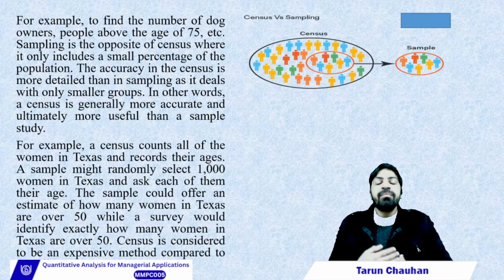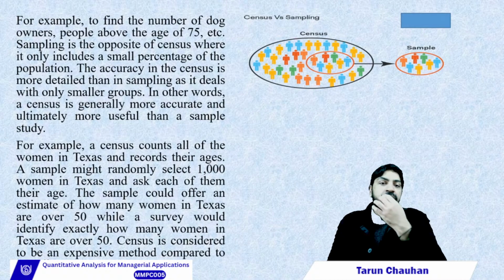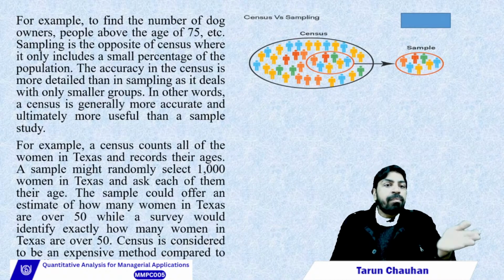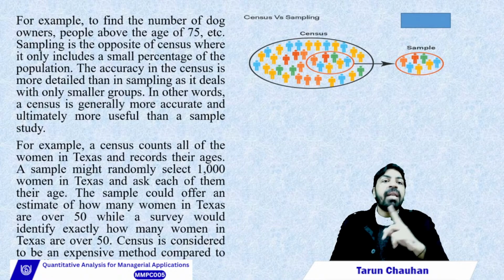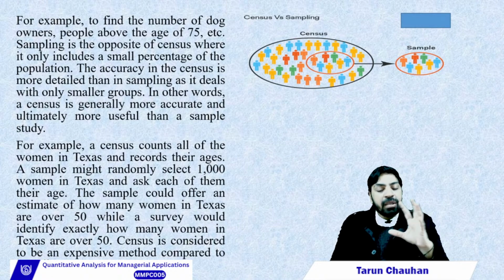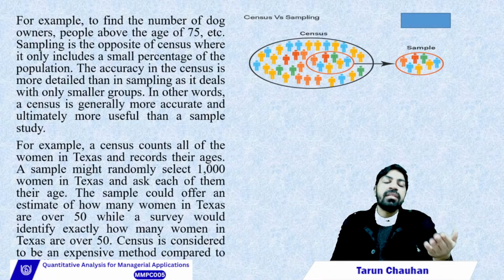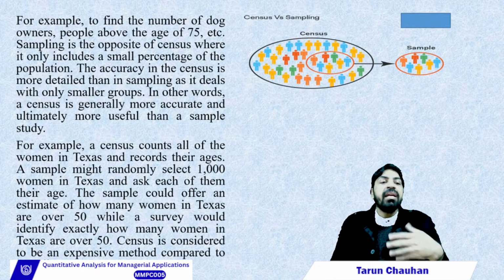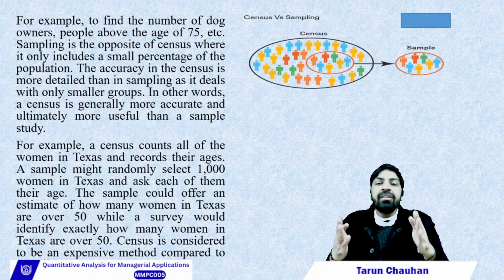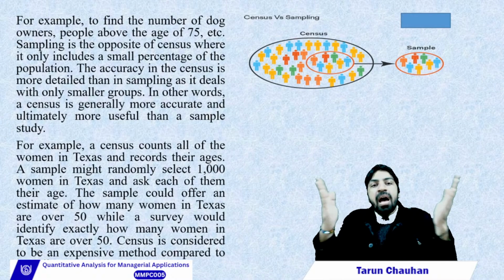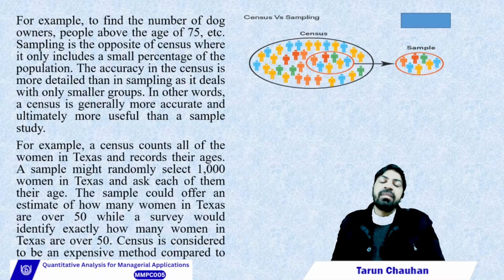Sampling is the opposite, and it includes a very small percentage of the population. But when we apply a census, we include each and every member of the population with an age above 75, as it is a large group. So census is more accurate than sampling, and it is more useful when we consider the data of a large group.